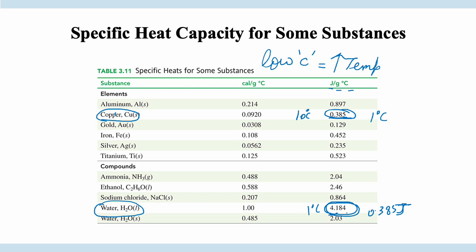That is the reason why water and water-based solutions are usually used to make solutions in cars, like antifreeze or coolant solutions. Those are usually water based, because water has a very high specific heat capacity. So water can absorb a lot of heat from your car, but the temperature of the water will not increase that much.